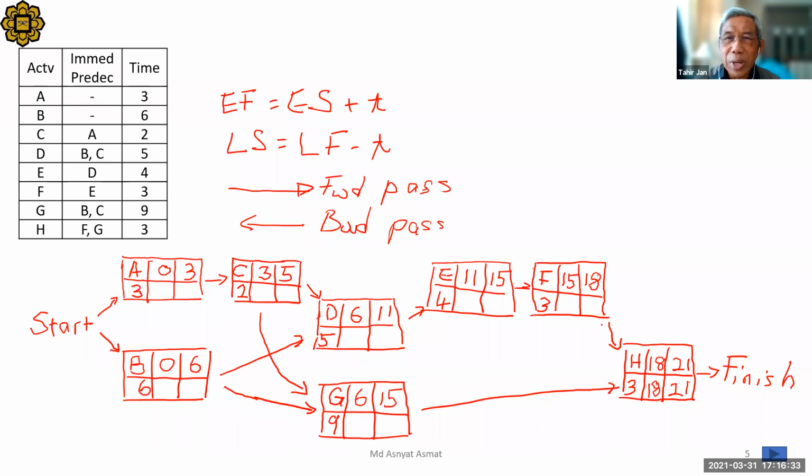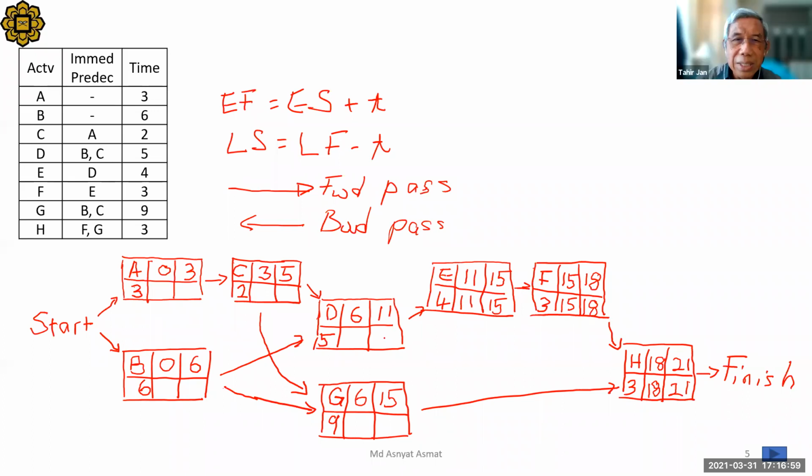Let's move to F. Late finish 18, late start 15. E, late finish 15, late start 11.